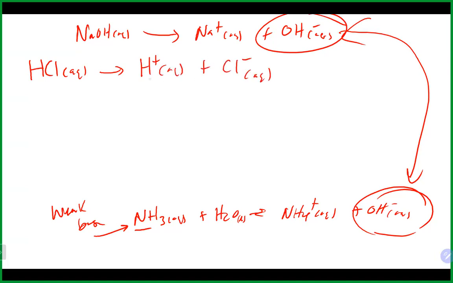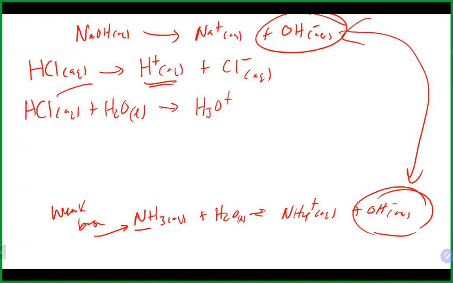Remember that when we're talking about acids, the cation's always the H plus. We could also represent this same dissociation in water with HCl plus some water. And in this case, we actually will produce H3O plus, as the acid will send the H plus over, and we will end up with Cl minus.